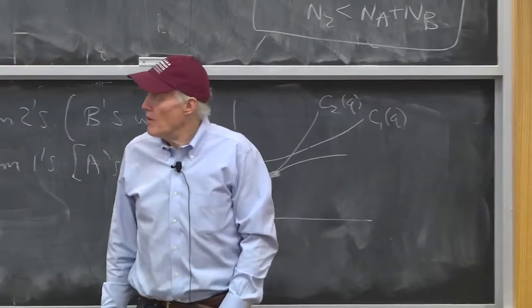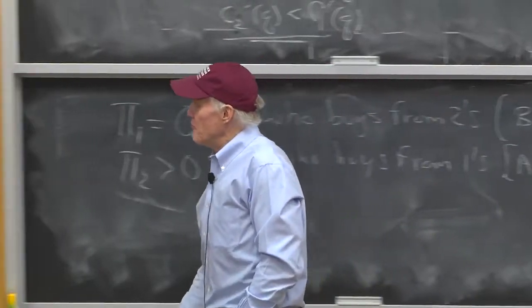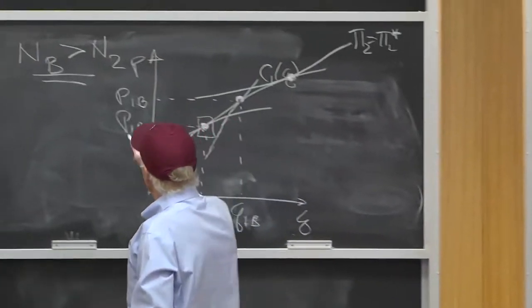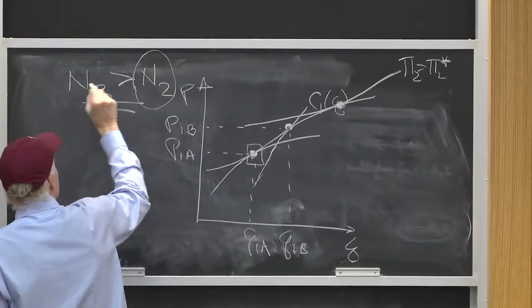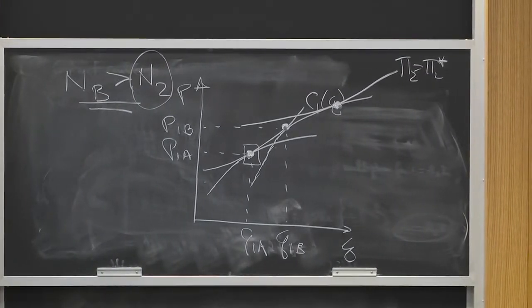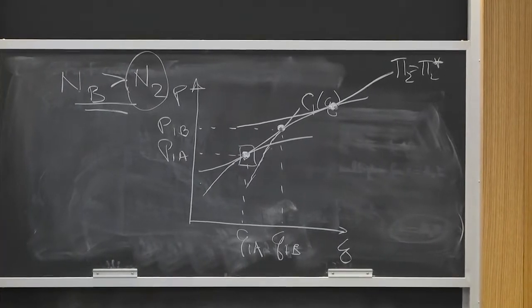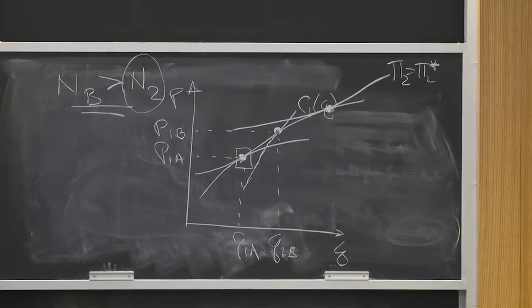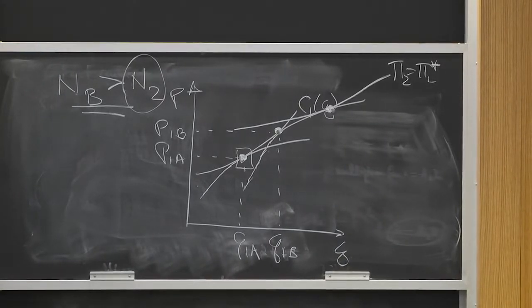Okay? What would happen if we increase the number of 2's to make it bigger than NB? How would that change my picture? I increase the number of 2s. How would that change my picture? Yeah.